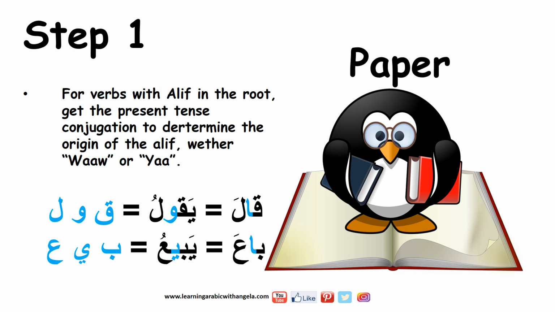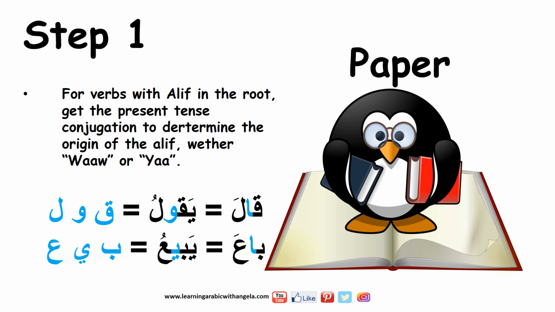For verbs with alif in the root, you must get the present tense first instead of the past tense. And that is to determine the origin of the alif, whether it's a waw or a ya. For example, قال, he said, or verb to say, you have to render it in the present tense. يقول.